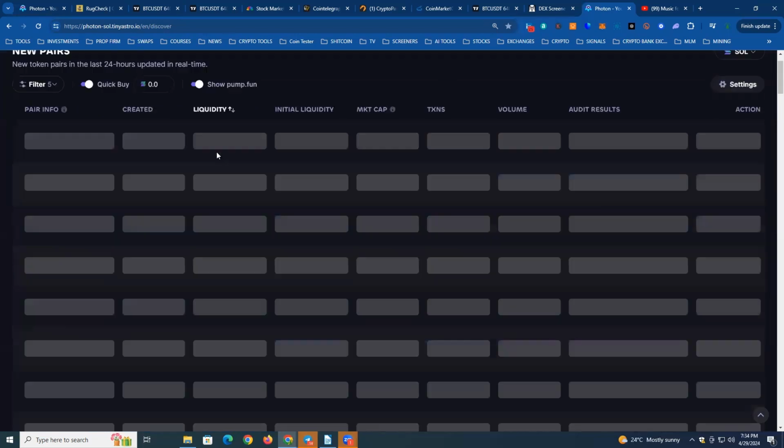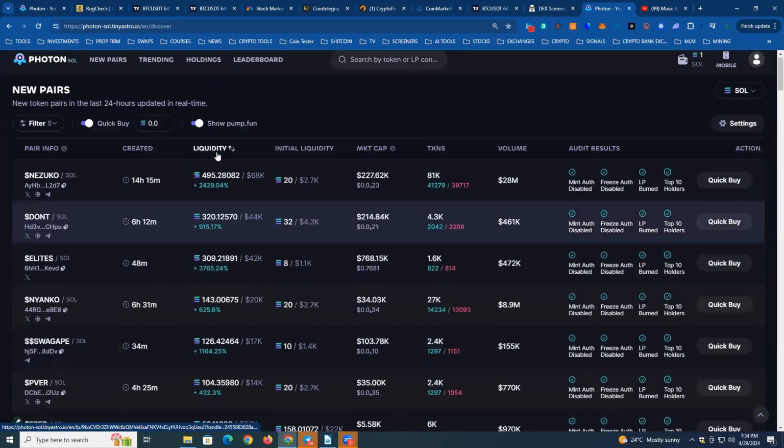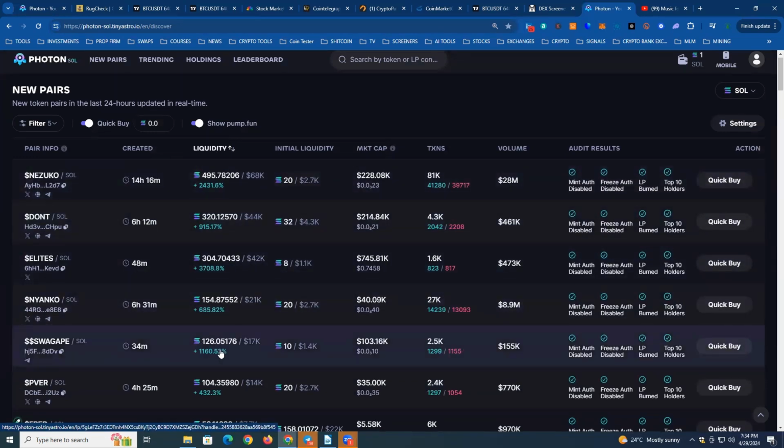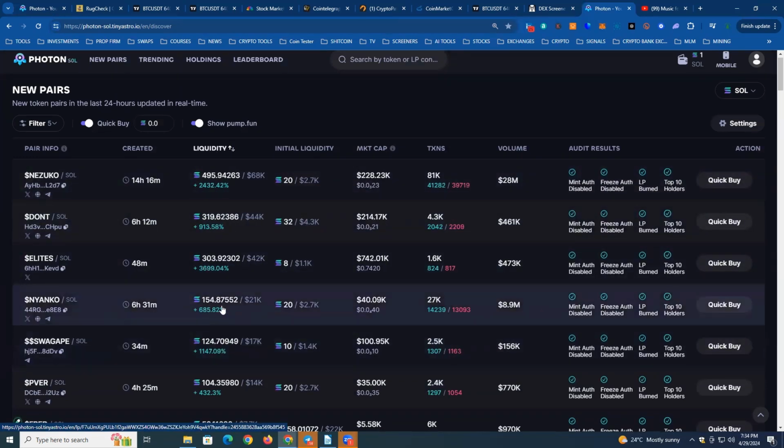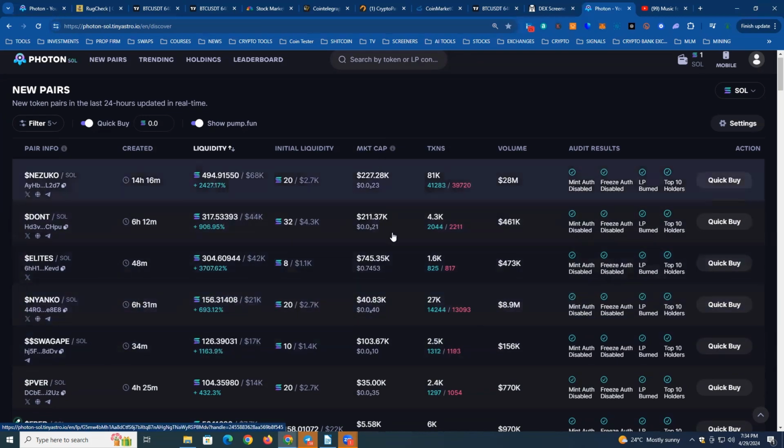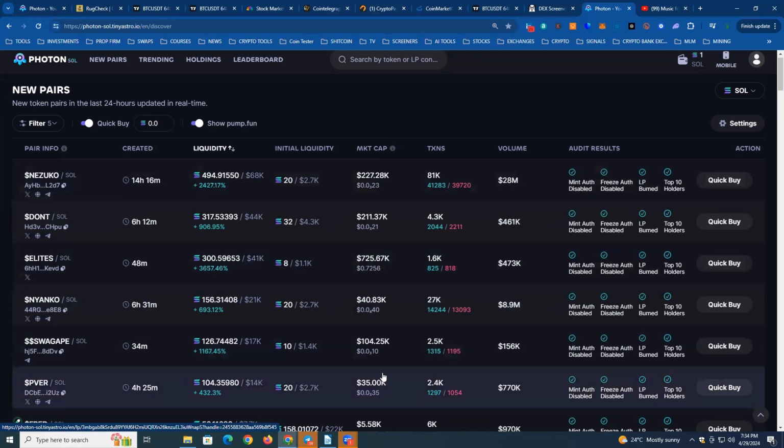So first and foremost, you want to look at coins that have liquidity. The second thing that you want to look at truly is the overall market cap, in terms of where they are at their present market cap. And you want to look at the amount of transactions.